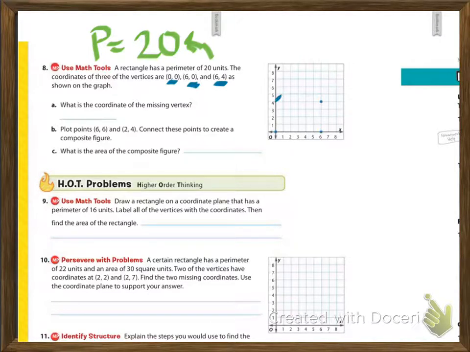The missing coordinate would be 0 for your x and 4 for your y. And then you can see that that would make a rectangle if you were to put that together and your lines were straight, unlike mine.